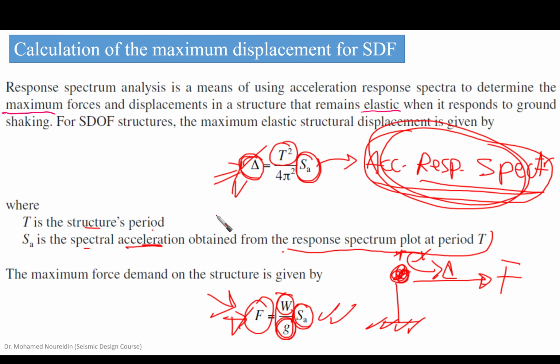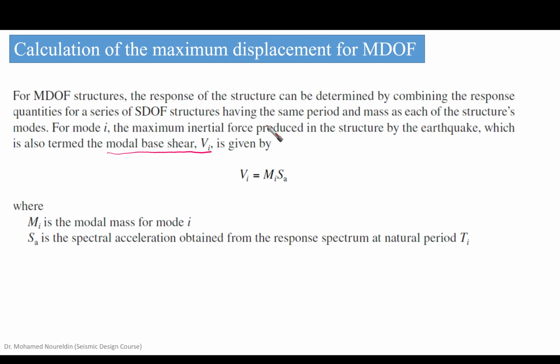Okay, now let's go to the calculation of the maximum displacement for a multi-degree of freedom system. Now we know that for the single degree of freedom system, but what about the multi-degree of freedom system? It is a little bit tricky, but we need to understand something about multi-degree of freedom systems, that we have different modes.